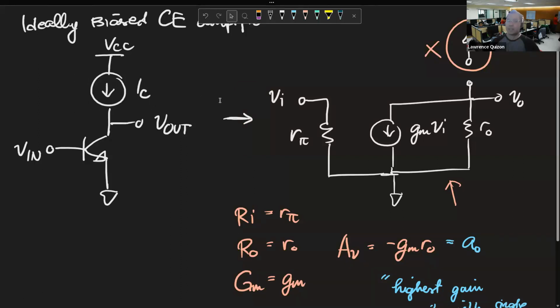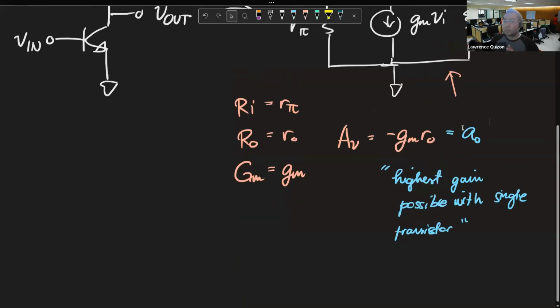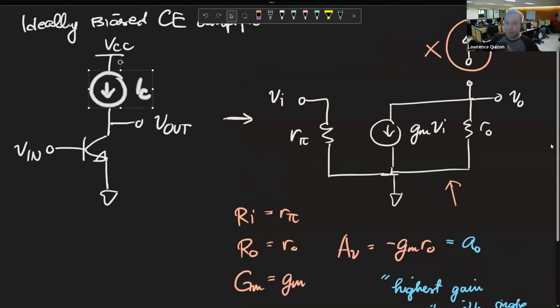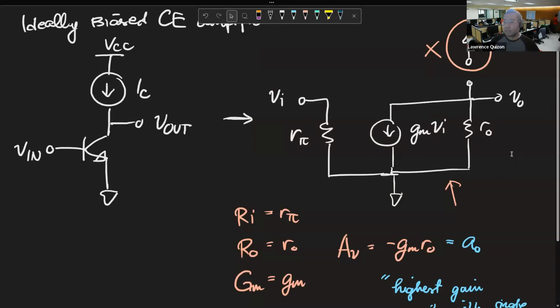For this same biasing. So any changes to the biasing circuit for the same IC, no? So kapag ginawa nating bago yung biasing circuit, but same yung IC na lumalabas, no? Same biasing, but different way, this can only go down, no? Because this is the best bias circuit you could possibly have kasi it leaves the raw BJT behind. Wala siyang loading, no?